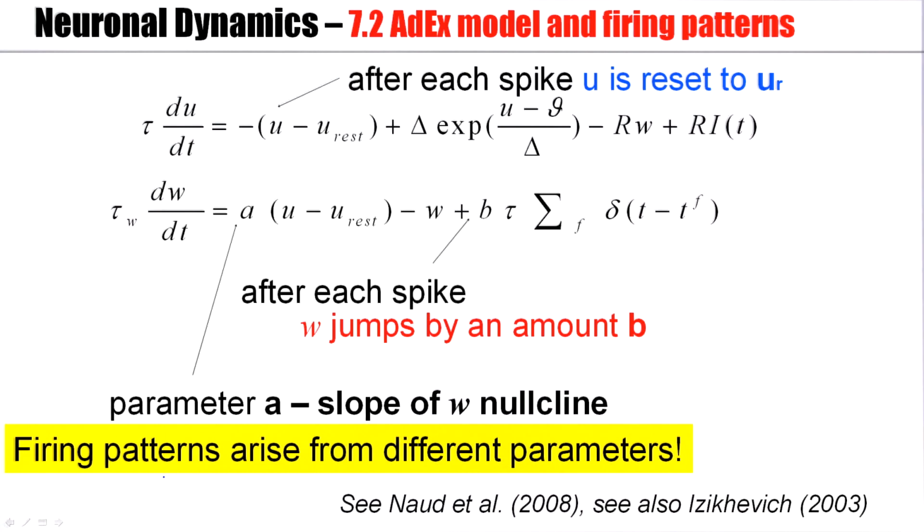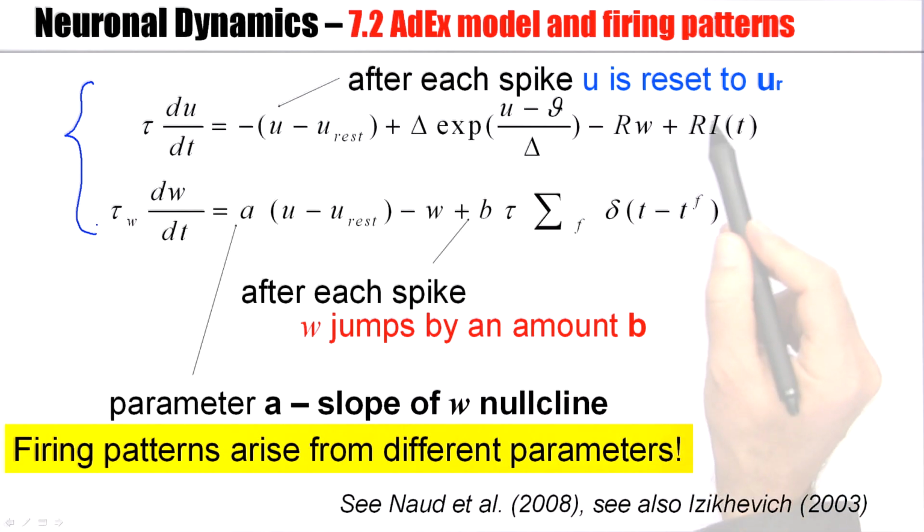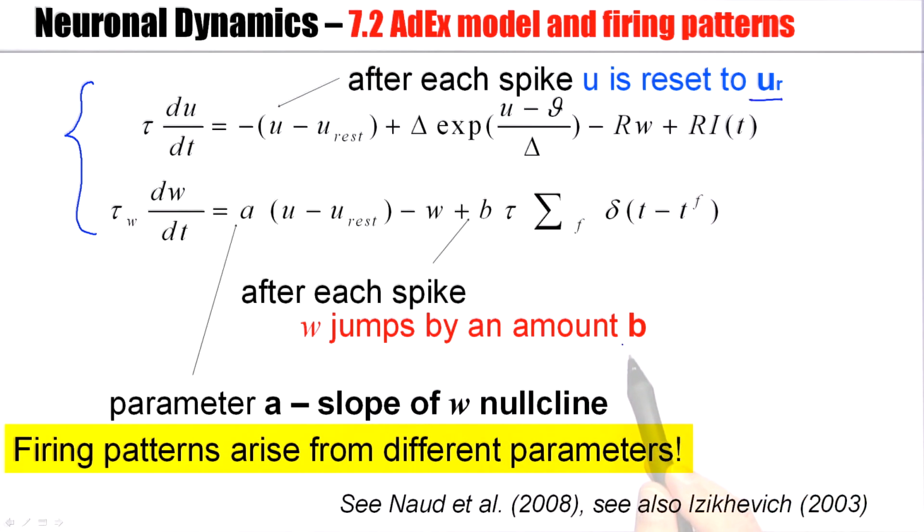So we have discussed 3 examples. All 3 examples use the same neuron model. A neuron model containing 2 equations, a voltage equation and a second equation for the adaptation variable with reset conditions. u is reset to u_r, w jumps by an amount b. And this same neuron model can account for different firing patterns just by choosing the parameters a, b, and u_r in the appropriate range.